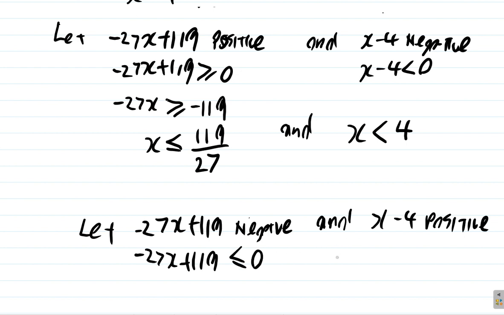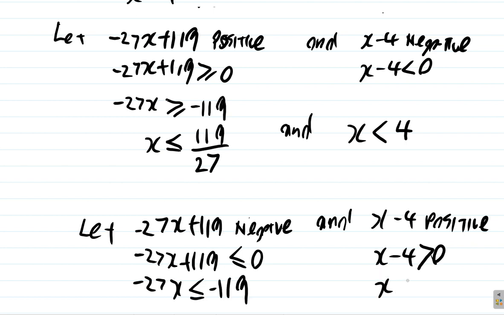It's negative. And the x minus 4 is greater than 0. It is positive. So negative 27x, subtract 119 from both sides, would be less than or equal to negative 119. And x would be greater than 4. Alright.